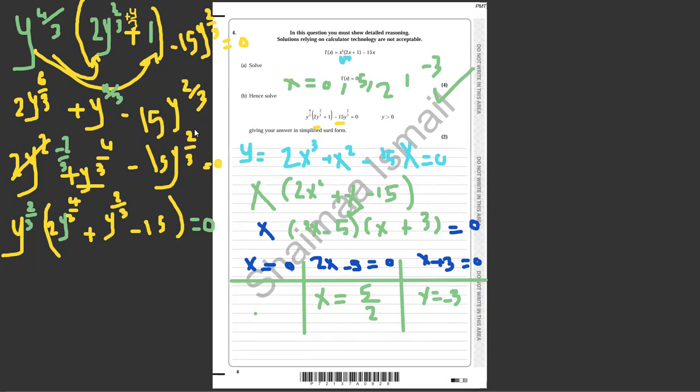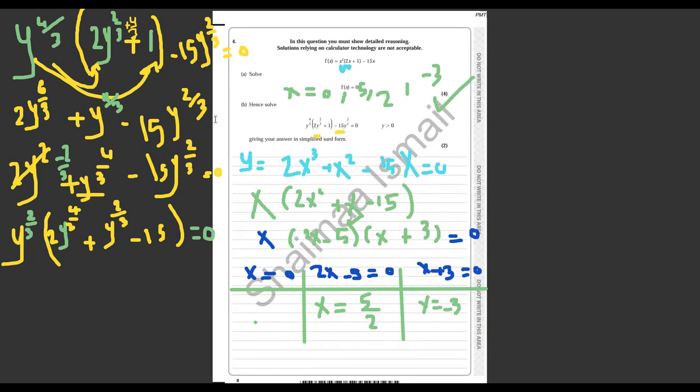Okay, so here we have to factorize this. Here we have two brackets like this. He said that y is more than 0.